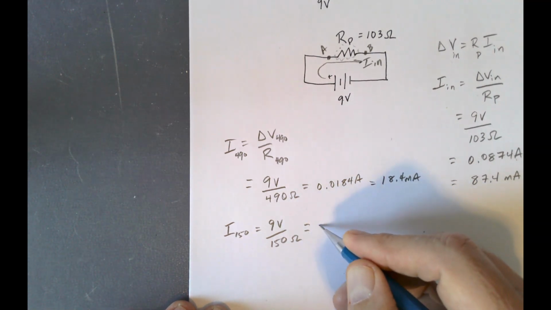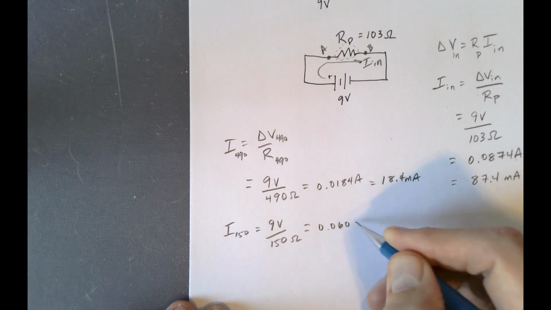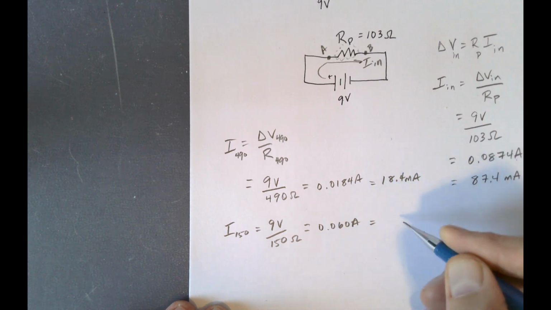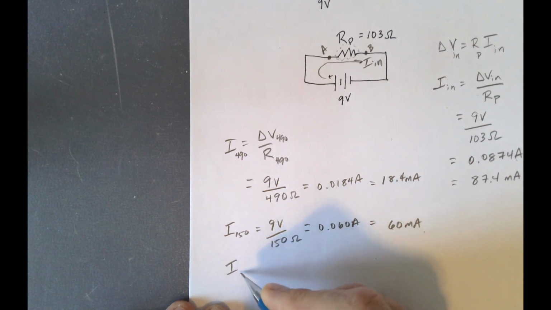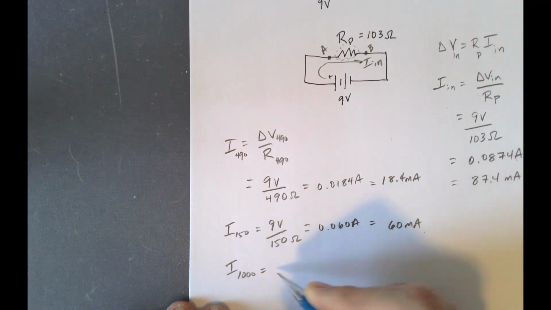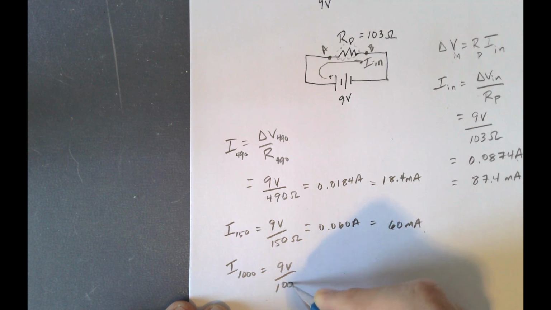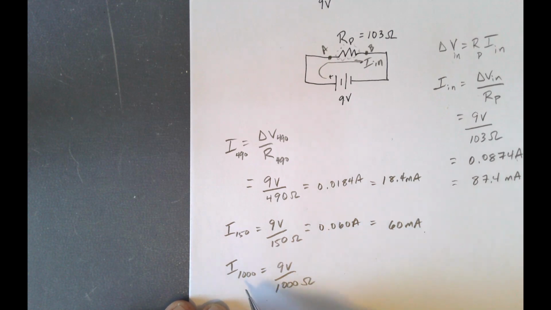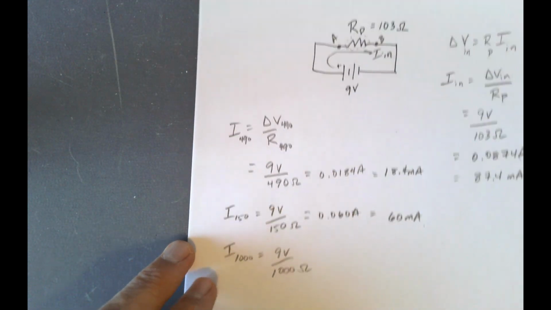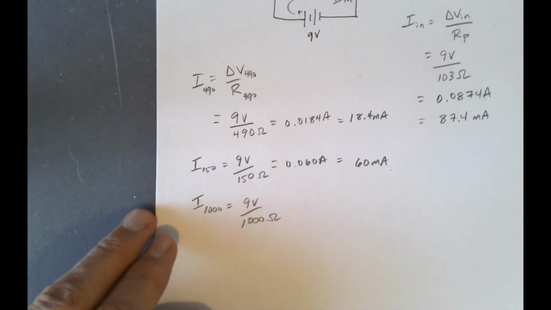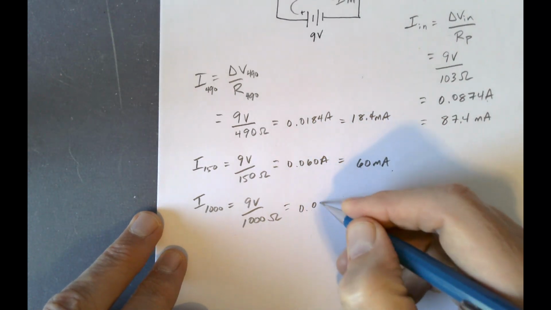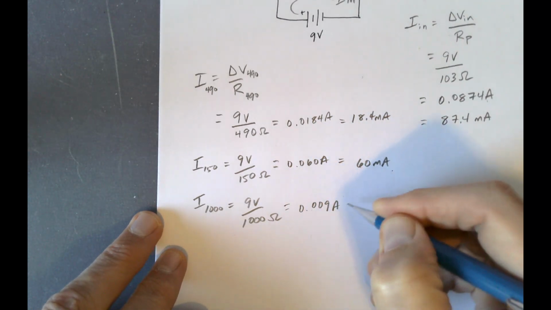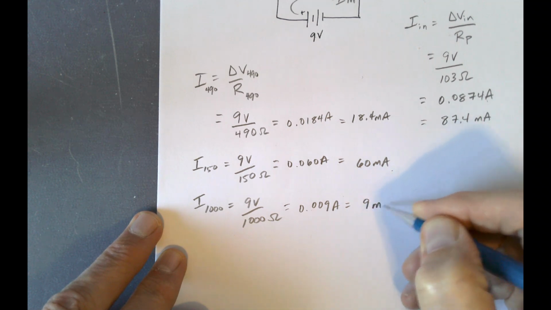So this is going to be 0.060 amps, which is 60 milliamps. And I of the 1000 is 9 volts over 1000 ohms. Remember, you have to convert 1K, so make sure that you use 1000 and not 1. That's going to equal 0.009 amps, which is 9 milliamps.